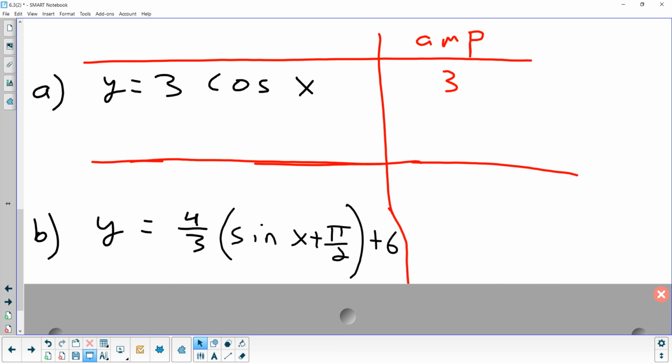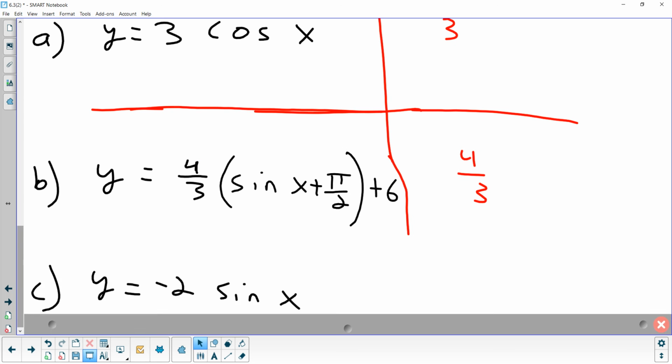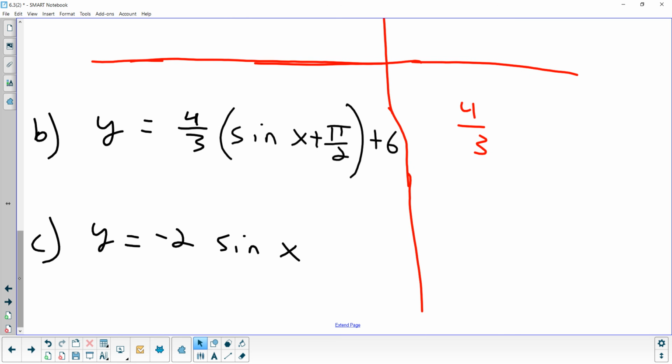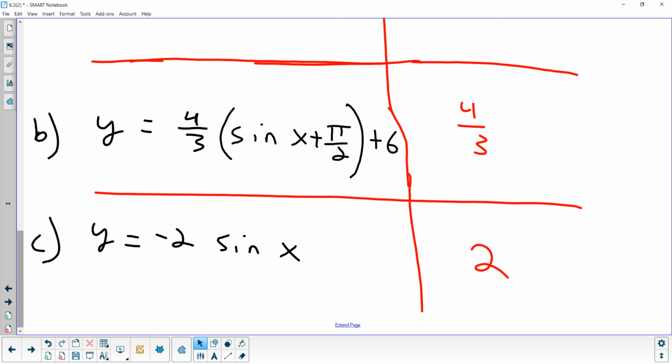Yep, good. It would be 4/3. Okay, what about this one? -2 sine x. What would be the amplitude of that, Jake? 2. That one would be 2.